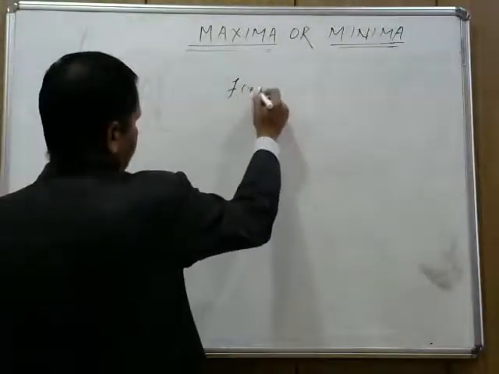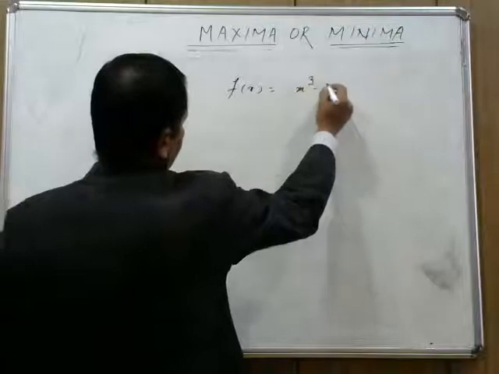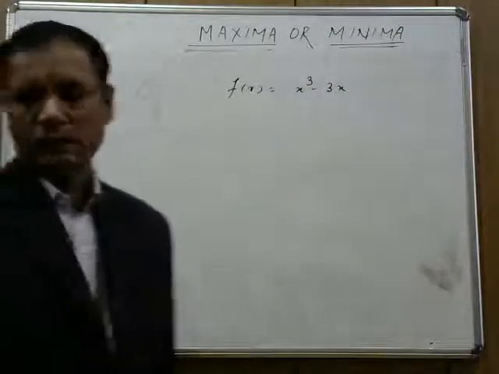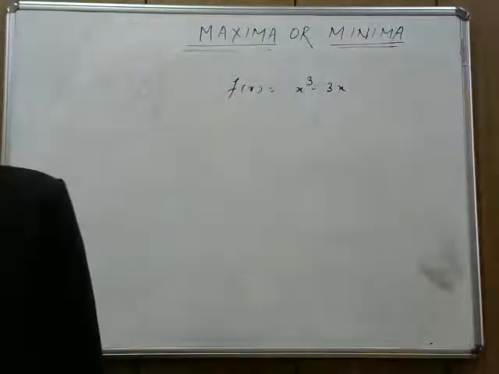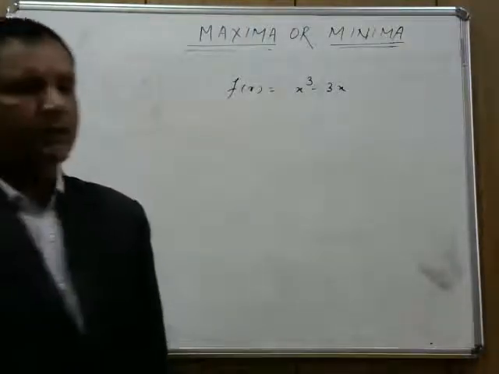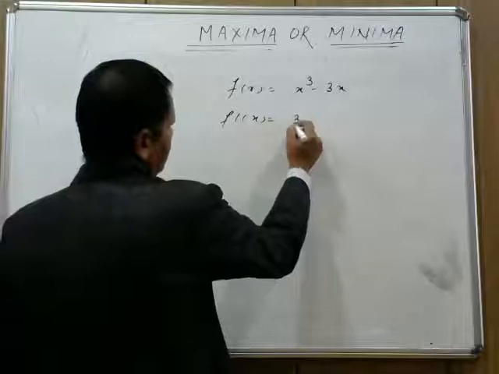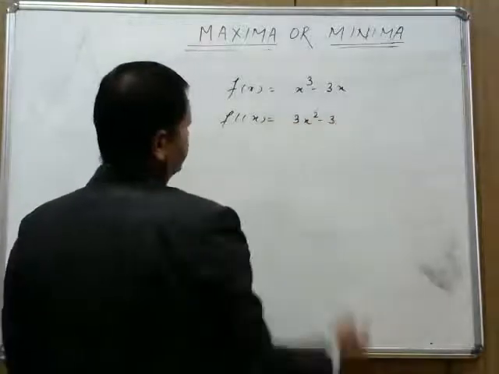Suppose I have the function f of x is equal to x cube minus 3x, and you are asked to find out the local maxima and local minima. Right. So first of all, f dash of x is equal to 3x square minus 3.